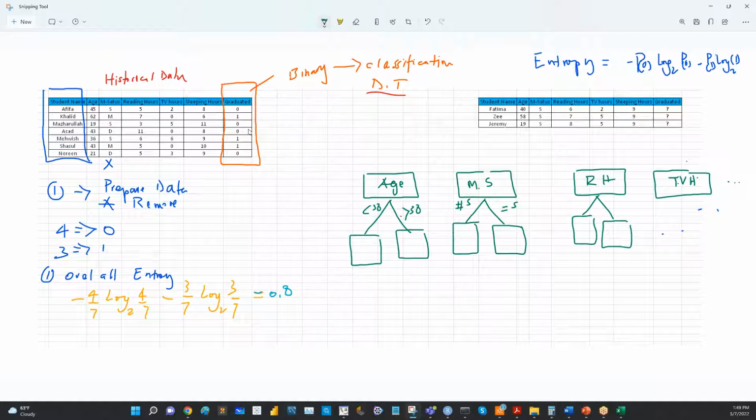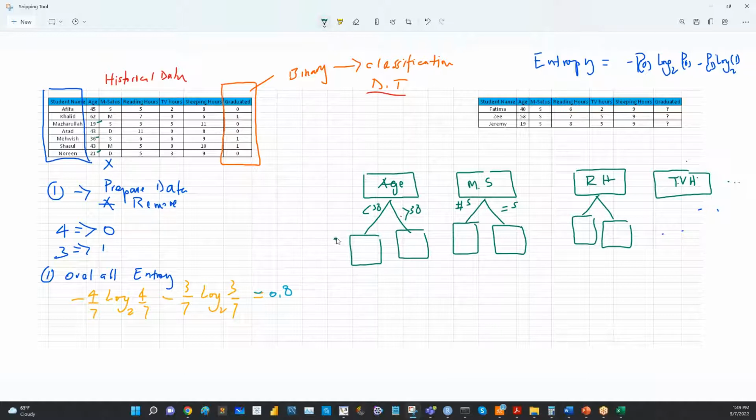So we got 4 zeros and 3 ones. Out of the total, how many do we have less than 38? We got 1, 2, and 3.